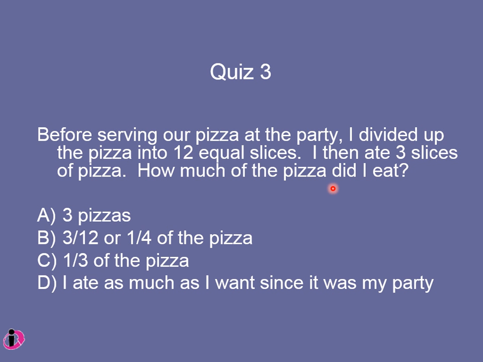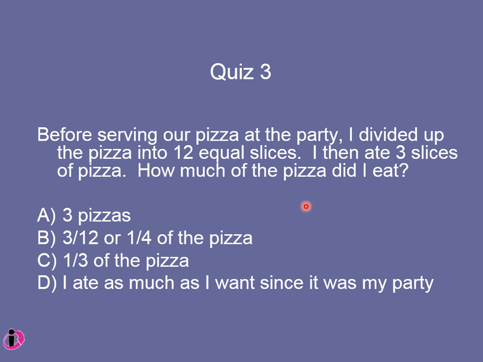Let's look at an example here. This is a word problem. Before serving our pizza at the party, I divided up the pizza into 12 equal pieces. I then ate 3 slices of pizza. How much of the pizza did I eat? Okay.